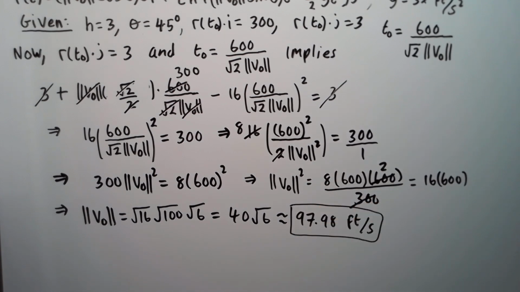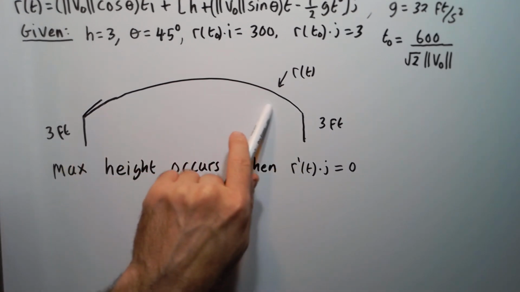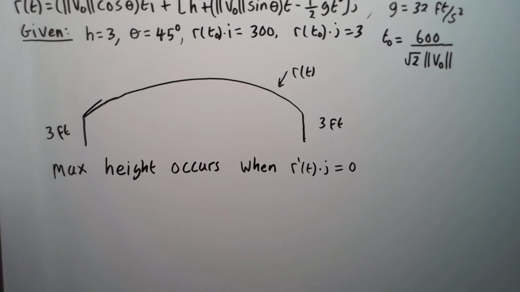All right, so we still have to find the max height. So let's make some observations here. I'm going to erase this stuff right now. Okay, so I've drawn our picture again of our baseball being hit, sorry.